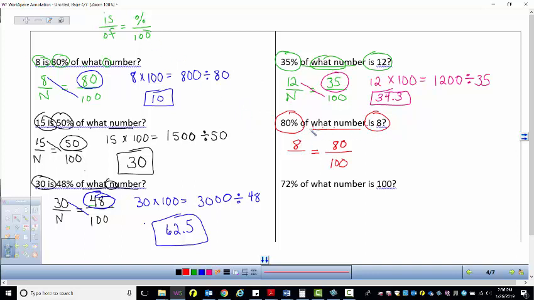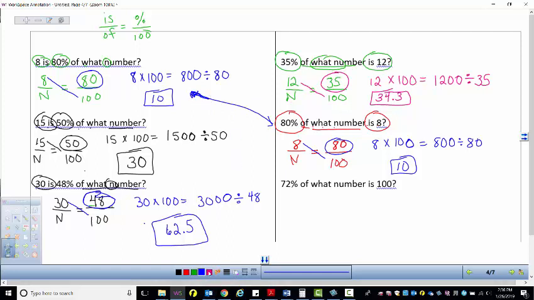I don't know the of because that's what they were asking, so I use the letter N for number. I multiply. 8 times 100 is 800, and I divide by the number that I have left. So I divide by 80, which is 10, and I just realized we've already done that problem. These two are the same, just written different. Sorry, they're the exact same thing.